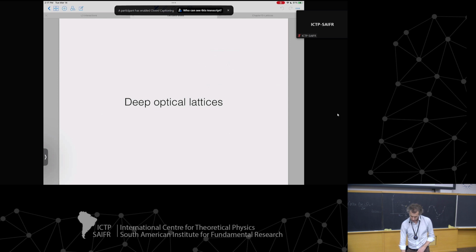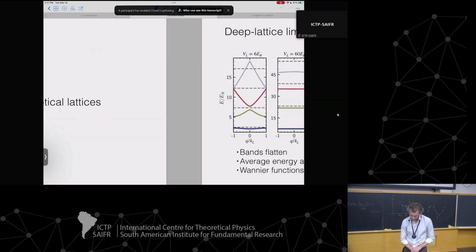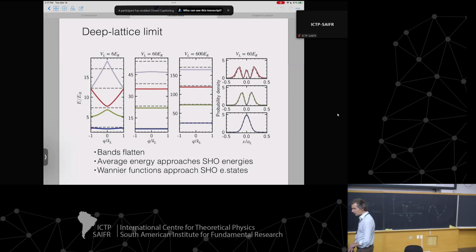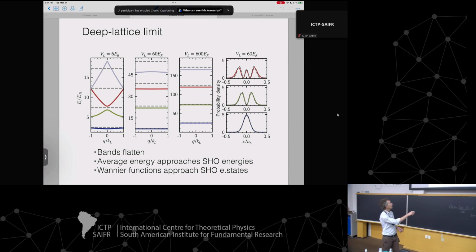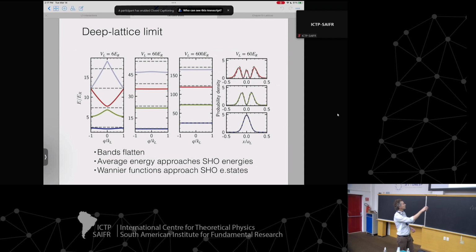I've already kind of alluded to this, but if we start to make the lattice deeper and deeper, then the band structure, which used to have this nice kind of profile of a free particle plus some Bragg scattering, the Bragg scattering gets stronger and stronger, and so the gap gets bigger and bigger. And so does the next gap.